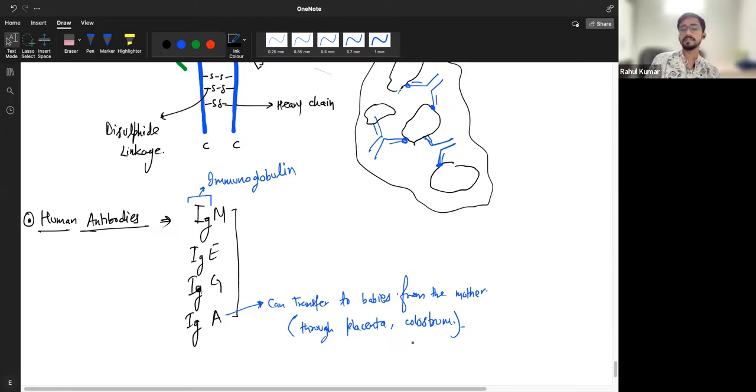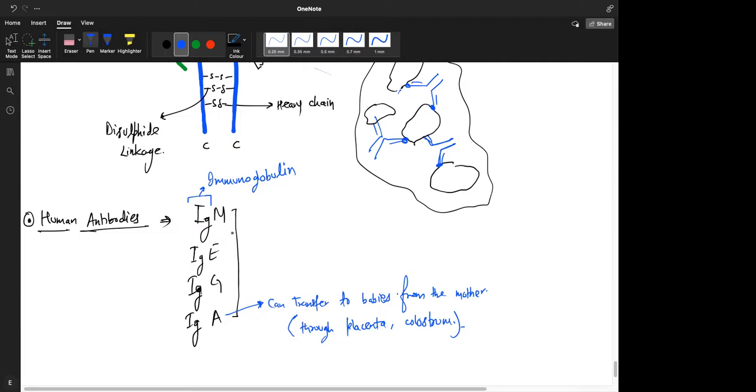Do you know whenever there is an infection or inflammation or allergy in your body, which antibody reaches the site of infection first? Any idea? Remember that it's IgE.